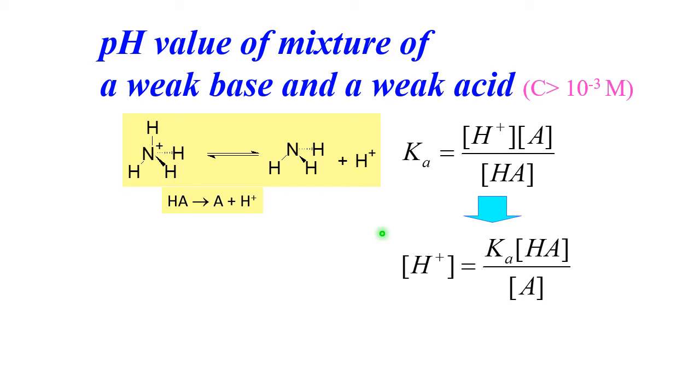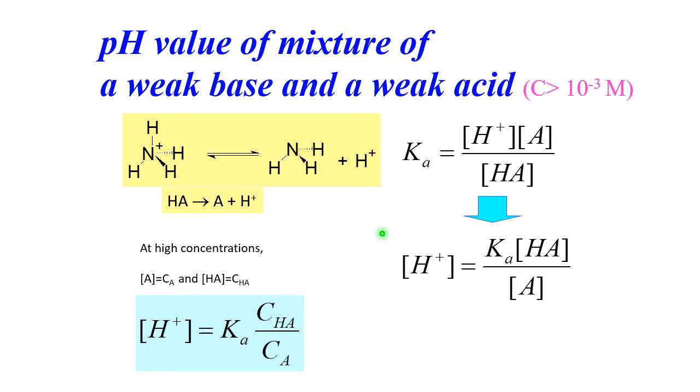of extra work. And luckily, there is a very simple approximation, which is that at high concentrations, meaning 10 to the negative 3 and above, the equilibrium concentration of base will be the concentration of base. So instead of A, I am writing Ca.